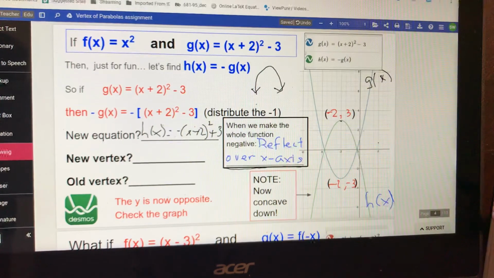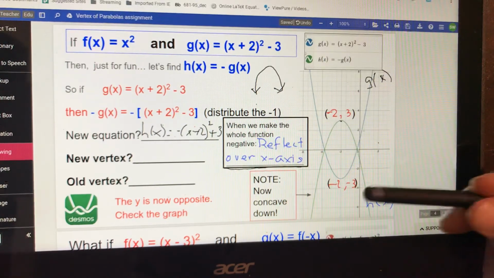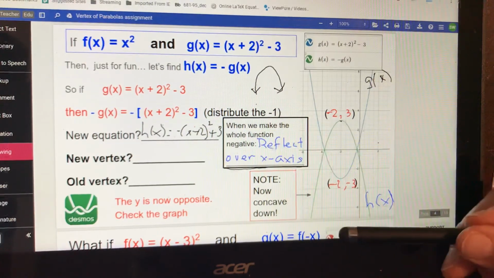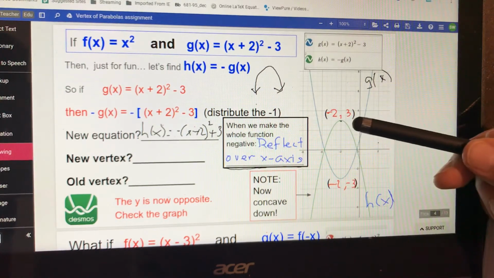So how did that happen? Originally, our vertex was at -2, -3. But if you look at your parabola in the mirror, the parabola flips upside down. The vertex actually also flips over the x-axis. So when you reflect over the x-axis, you not only have to change the concavity of the parabola, but you have to actually change the vertex to reflect over the x-axis.